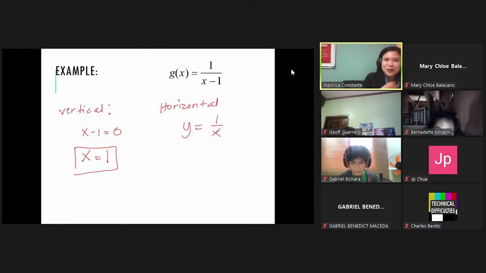When we are getting the horizontal asymptote, we should check the exponent of the variable of our function. Since we don't have the variable in our numerator, that means your horizontal asymptote is 0.